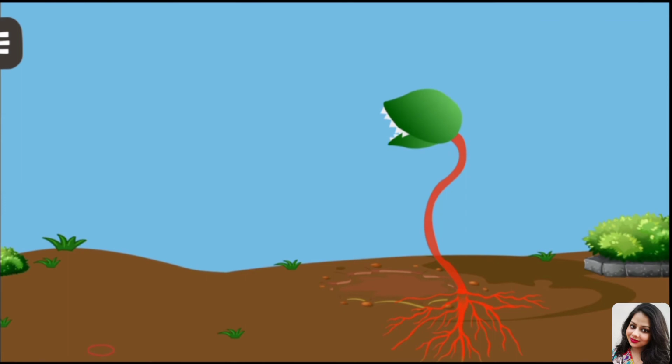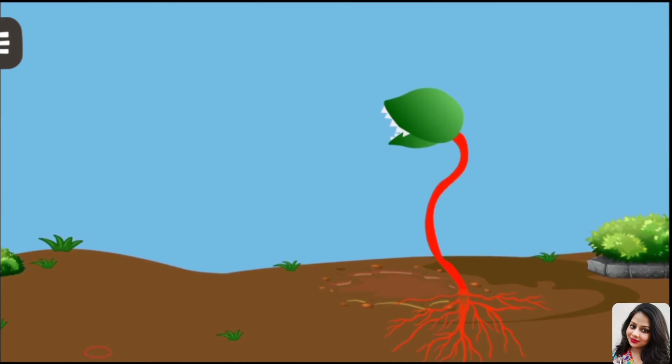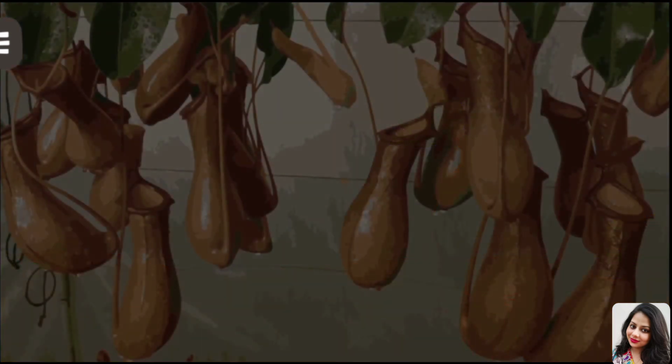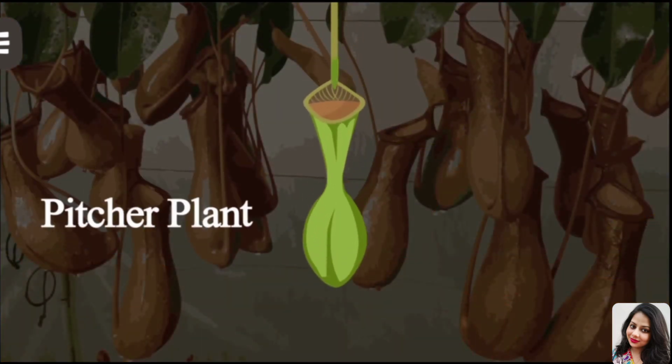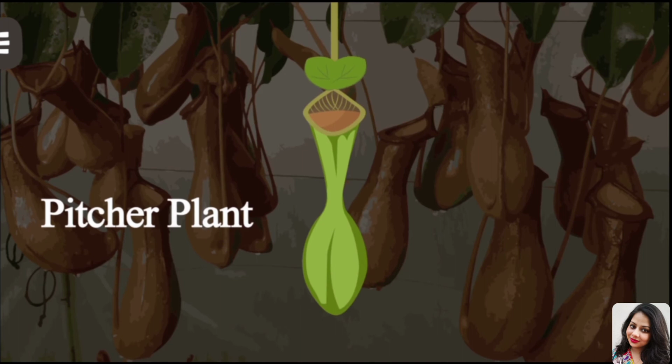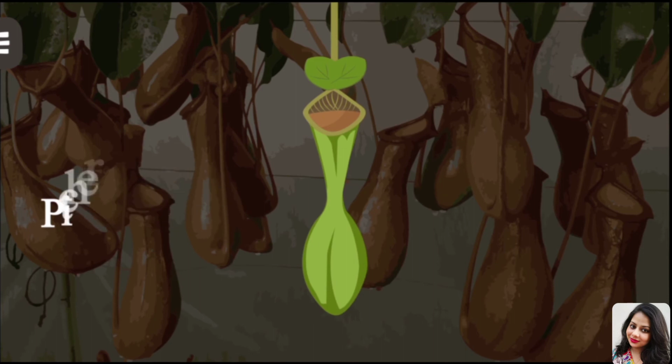Children, let us see a few examples of these insectivorous plants. First of all, we will talk about pitcher plant. Its leaves have shape like a pitcher, that is an earthen pot, and hence the plant is named pitcher plant.